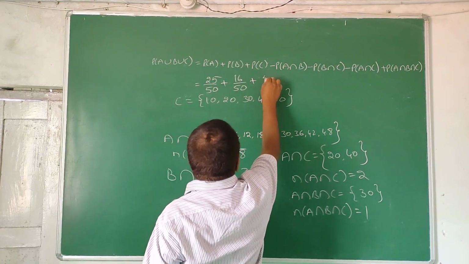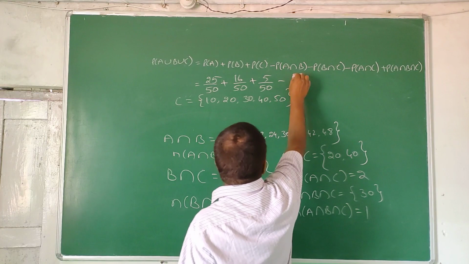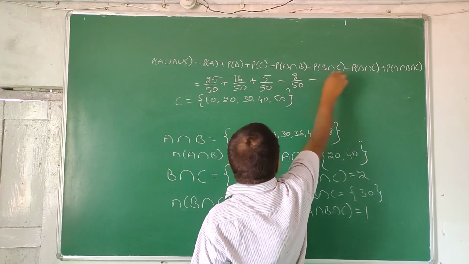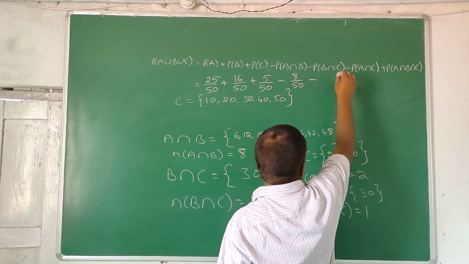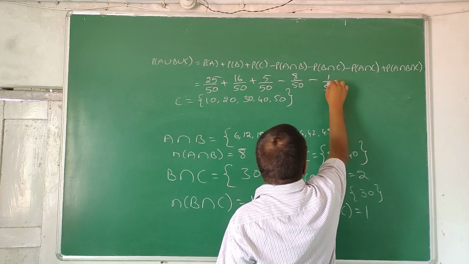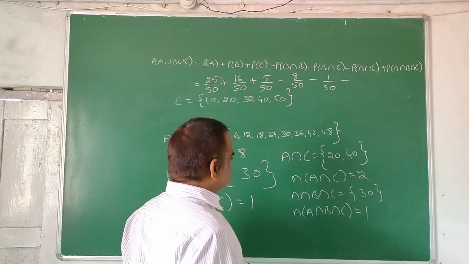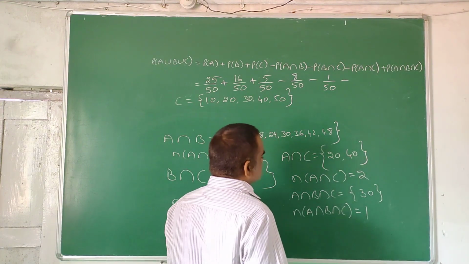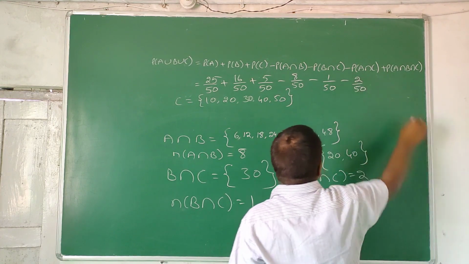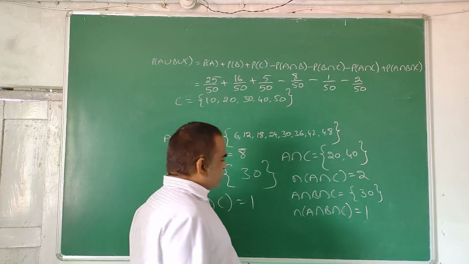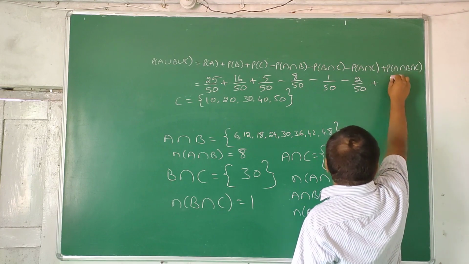So 5 by 50, minus 8 by 50, minus 1 by 50. A intersection C, how much did you get? 2. So 2 by 50. Are you following? Plus 1 by 50.